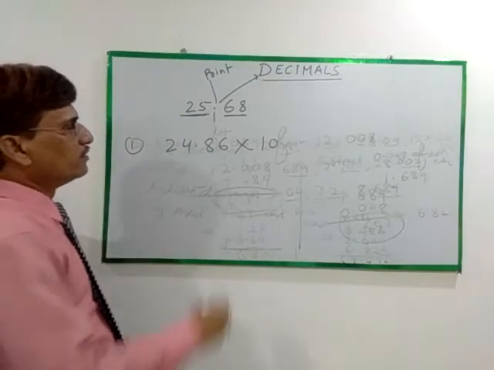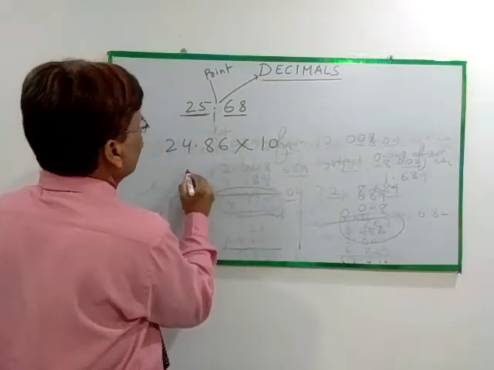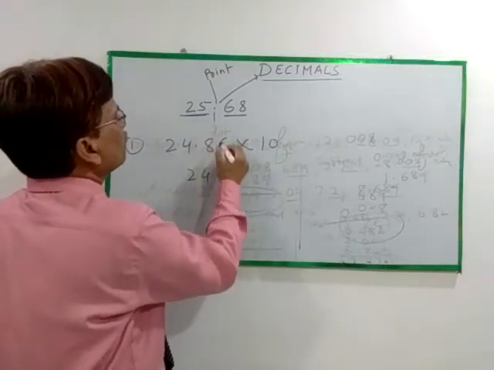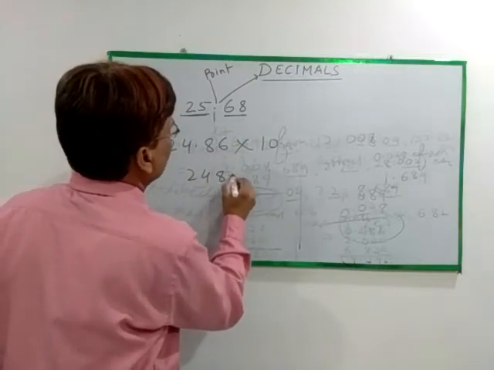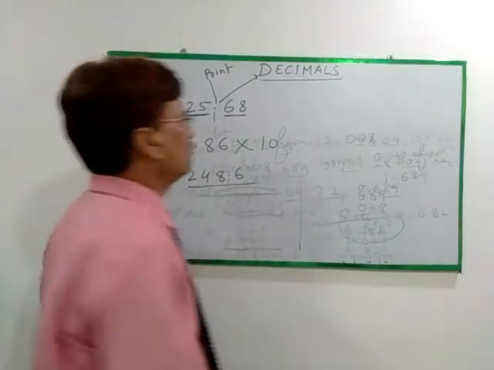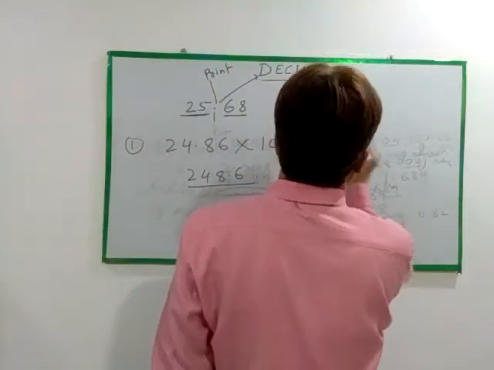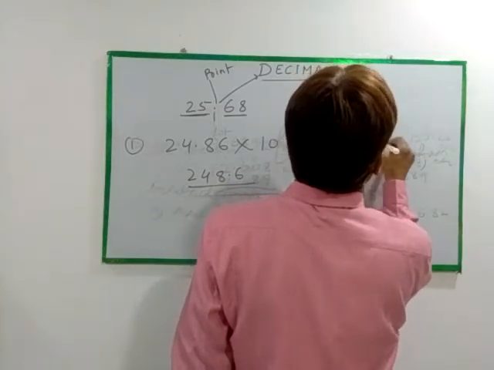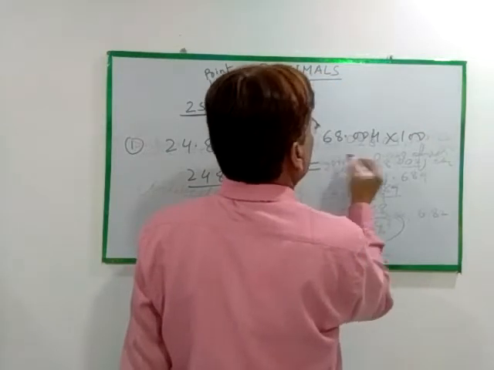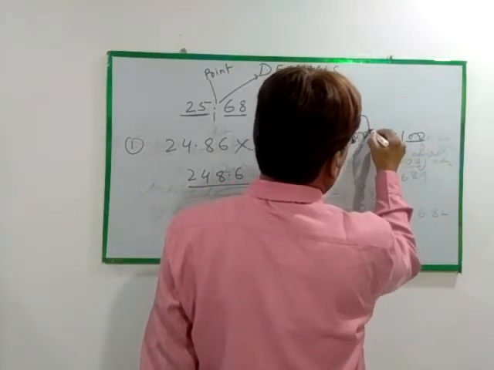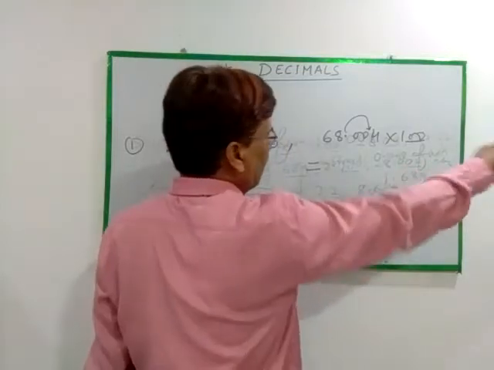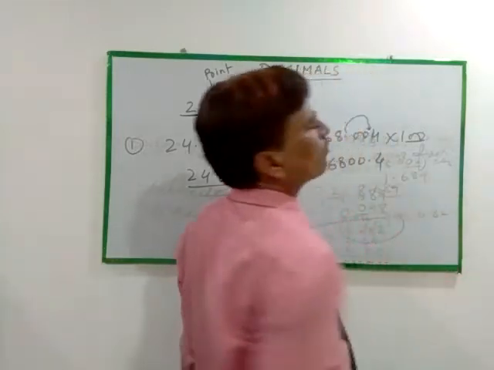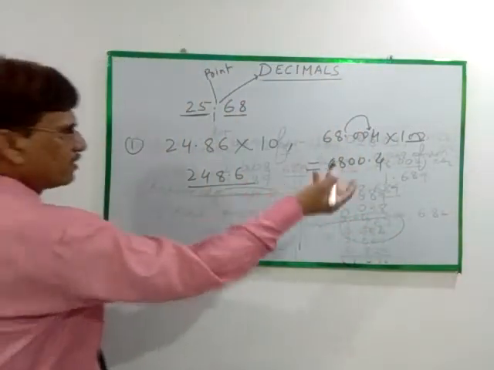Okay, if you multiply by 10, the decimal will shift one place to the right. If you multiply any decimal number by 100, for example 68.004 into 100, the decimal will shift two digits to the right: 6800.4.